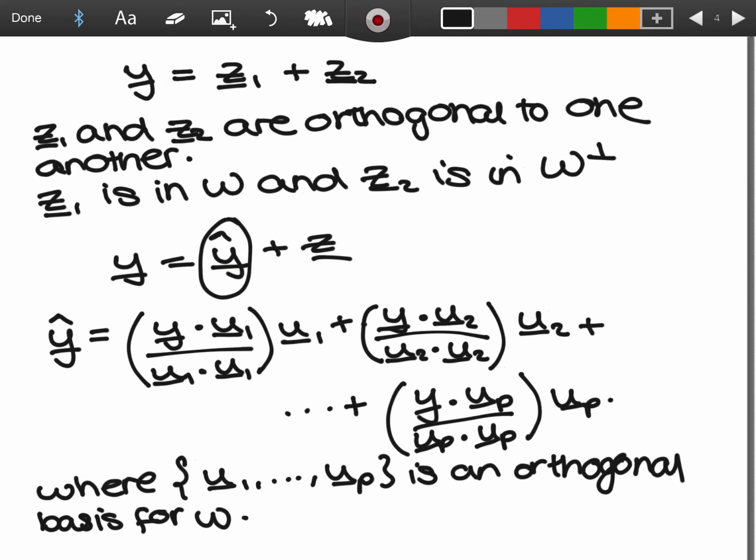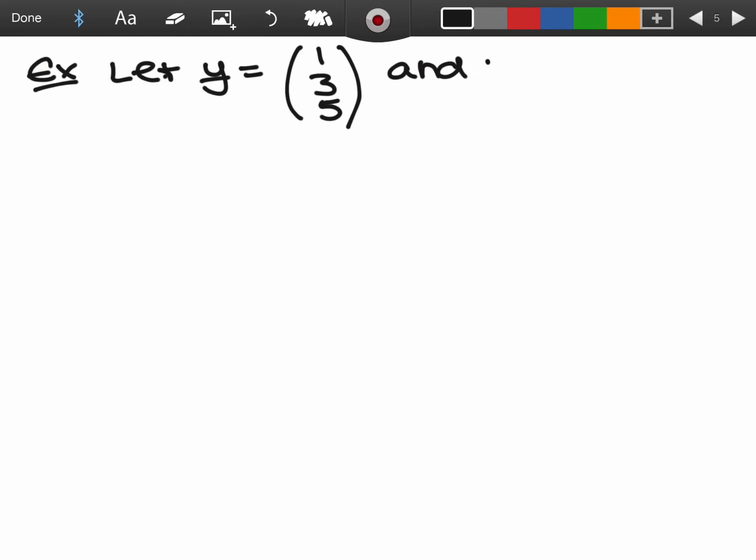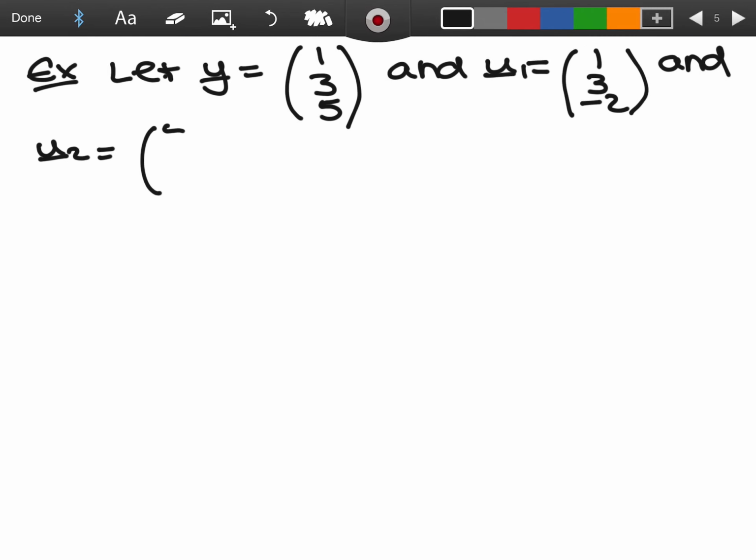I'm going to do a quick example here. In this example, we're going to let y equal 1, 3, 5 and u1 is going to equal 1, 3, negative 2, and u2 is going to equal 5, 1, 4.